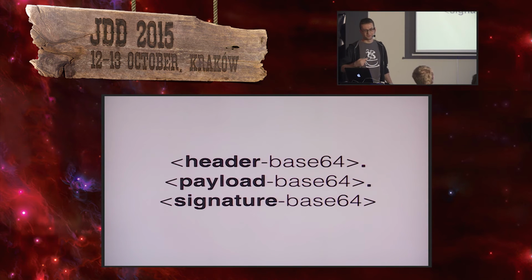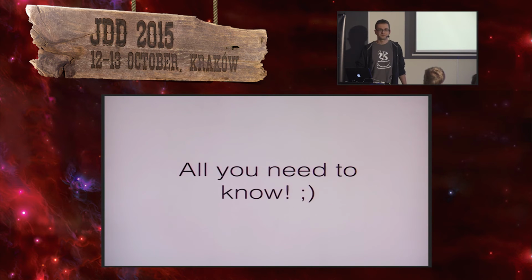So it's header base64 dot payload base64 dot signature, and that's basically it. So really, JSON Web Token is not a complex thing, and it's a very convenient token type to use because it gives you a lot of flexibility and power, and it has a lot of already provided libraries to work with.